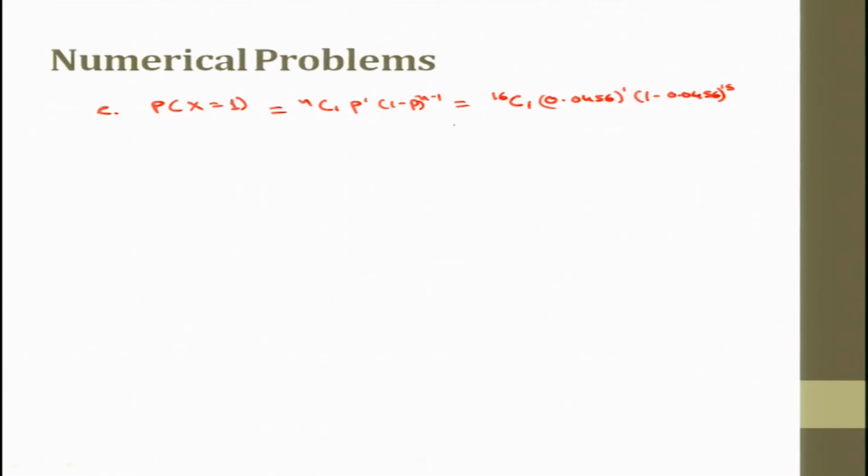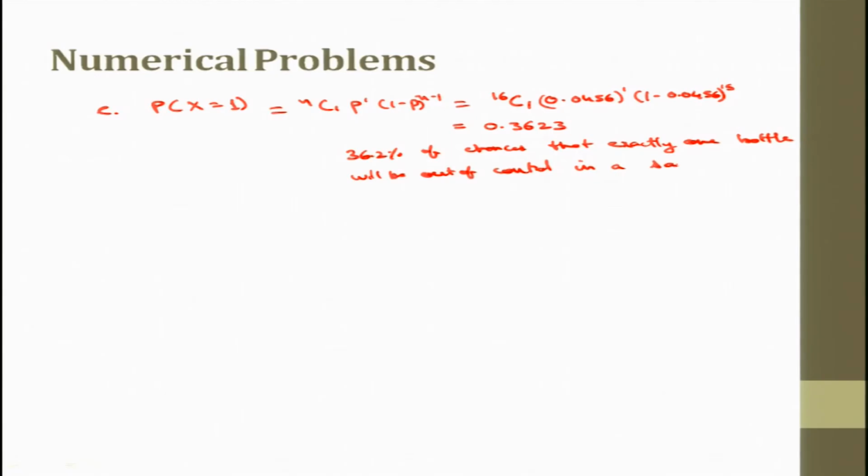If I calculate this value, it will come to 0.3623, that means 36.2% chance that exactly one bottle will be out of control in a sample of 16 bottles.